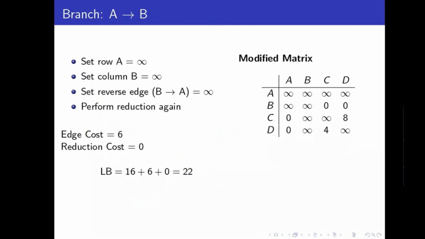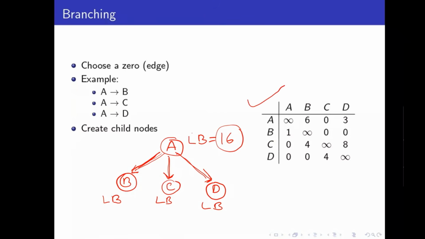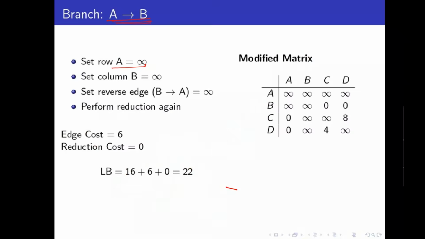So first let us do the reduction cost for A to B. When you want to calculate the reduction cost, first of all you have to take the parent matrix. So we'll take this matrix. We are calculating A to B.